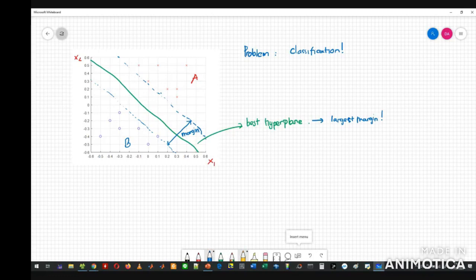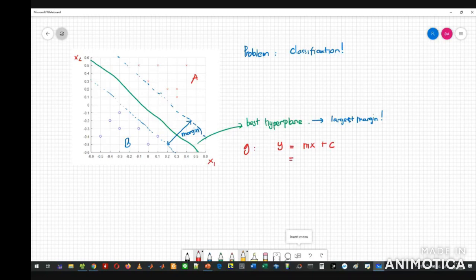Let us refresh your ideas. Let's say this is g, a line that is defined by what we know from junior high school: a line is defined as mx plus c.